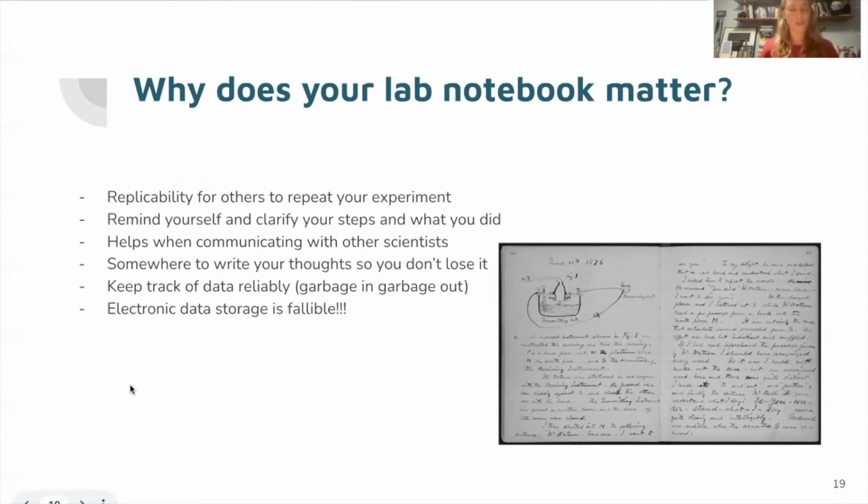Just a quick review of replicability: if a different group, or you on a different population, does your exact same experiment and follows your steps to see if they get the same result, which is really important in science.